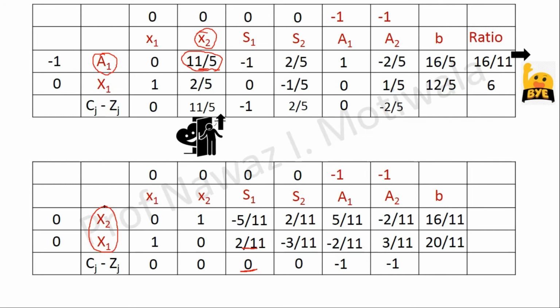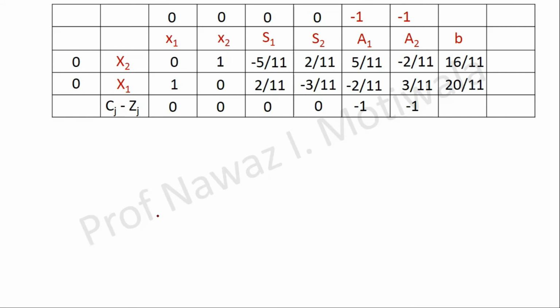So we have achieved our target of eliminating A1 and A2 from the solution. So with this I will say that phase 1 ends, as all the artificial variables have been removed from the solution. So now let us begin with the phase 2 part.